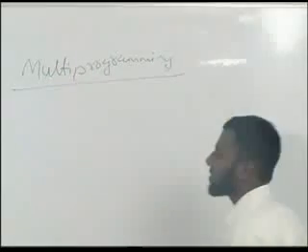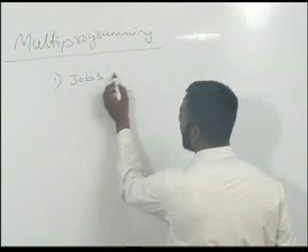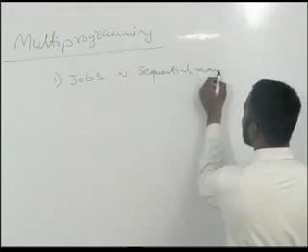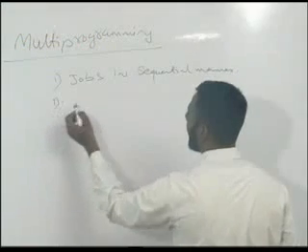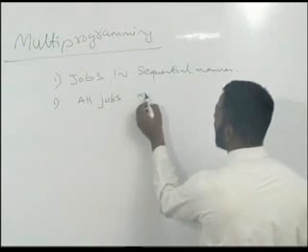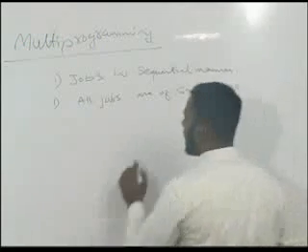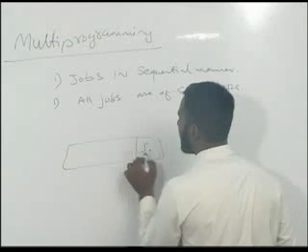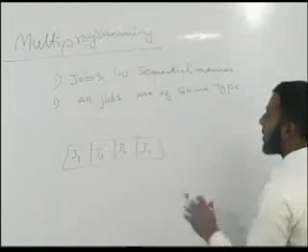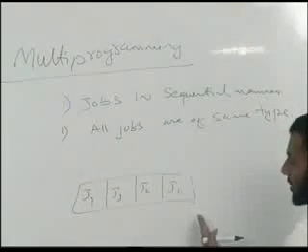We saw that the batch processing system has a few drawbacks. The first drawback is that all the jobs will be executed in a sequential manner, and all the jobs are of the same type. Now I have job 1, job 2, job 3, job 4. I don't have any mechanism to take any job randomly, because all of them are processed sequentially.